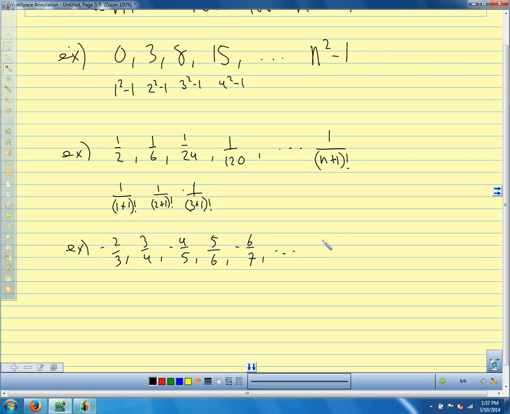We're going to have a, what's going to be part of our nth term? Minus 1 to the n. That's going to give us our alternating signs, the minus 1 to the n. And then what kind of rule can we find that relates the fraction to our terms?